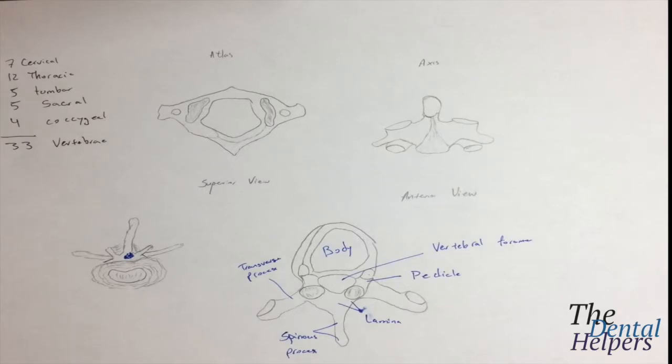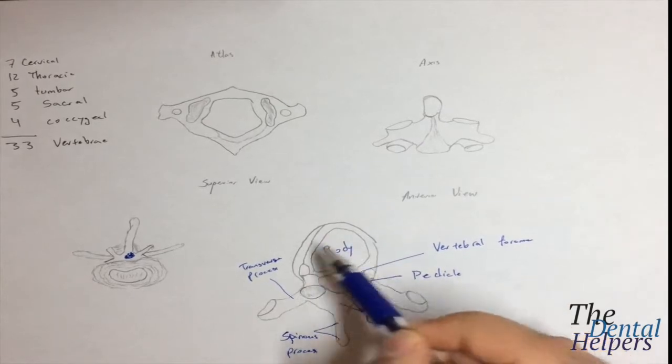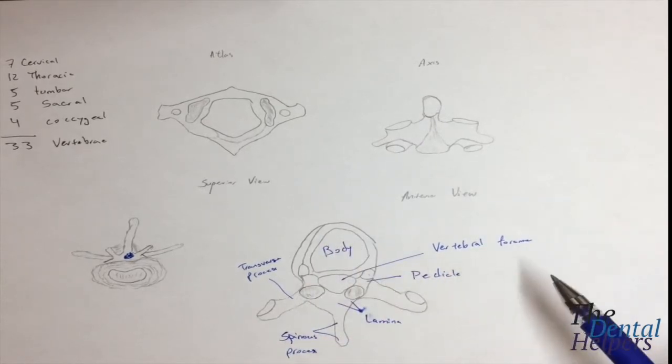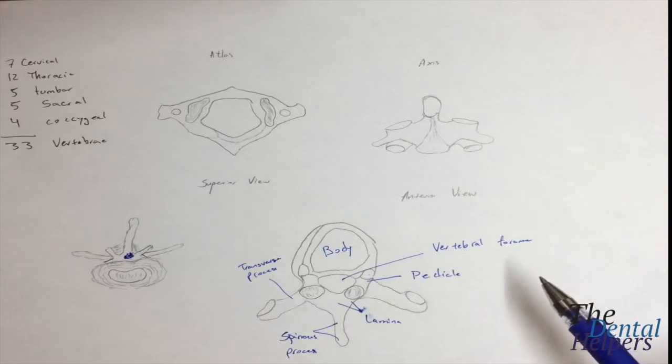As we go further into the different vertebrae, we're going to have to know different parts. So we'll have to know, another name for the body is the lateral mass, and this is typically seen in your atlas, and it's used to support the weight of the skull.